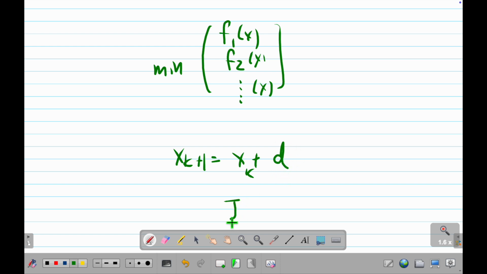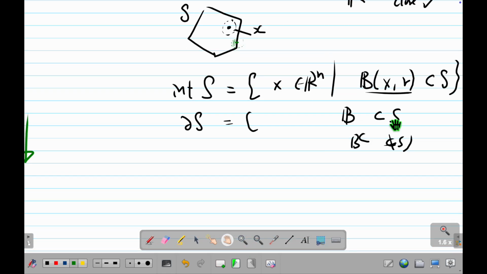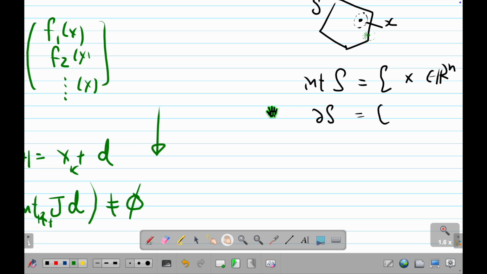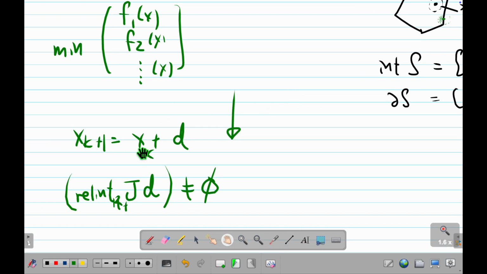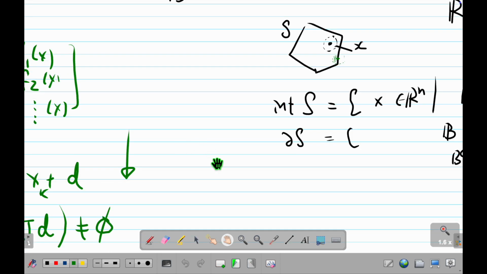The idea is the Jacobian of this thing is a matrix, multiply D, the relative interior is non-empty. Then in the R plus, the function will go down. That's why in this case we need this. But now we haven't even started what is gradient descent, so do not worry about this. When we talk about this, we come back. But now I'm talking about the basic math. That's why I will talk about all these things as a preview. Okay. So this is why we need it.